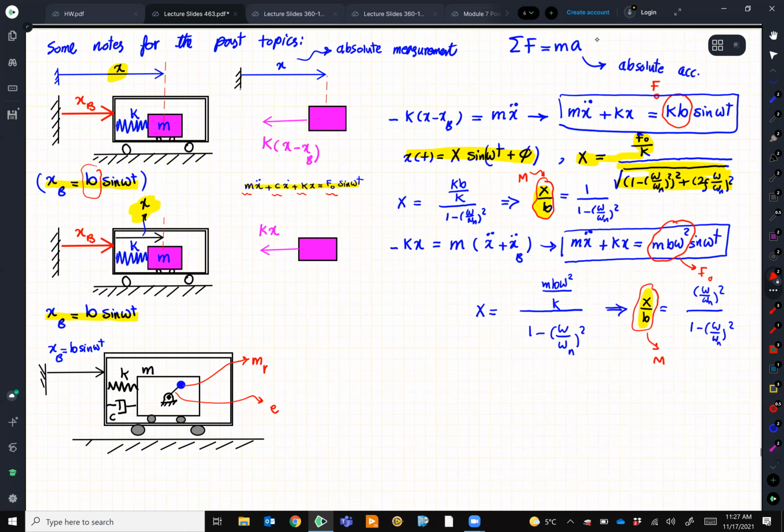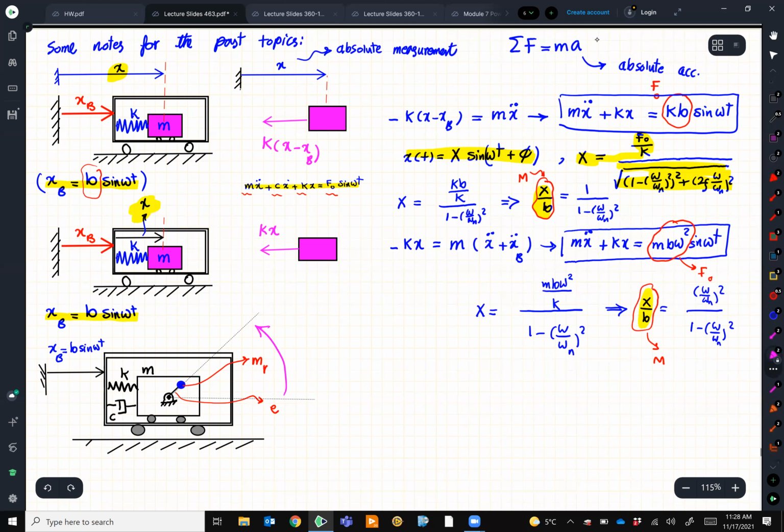Solve it once with relative motion and once with absolute motion, similar to 1 and 2. And like always, you need to start with a free body diagram. So you say, okay, I have, let's say, set this horizontal line as a reference.